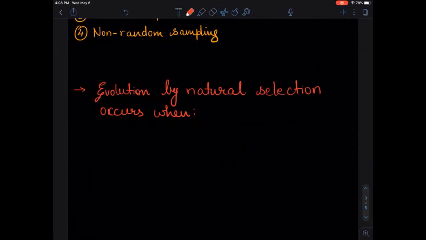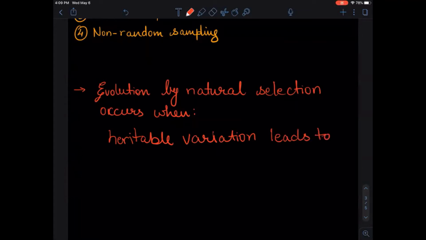This is evolution by natural selection: it occurs when heritable variation leads to differential reproductive success.